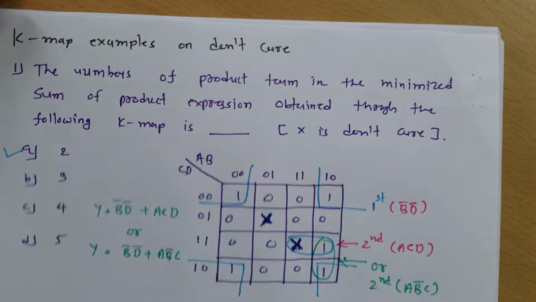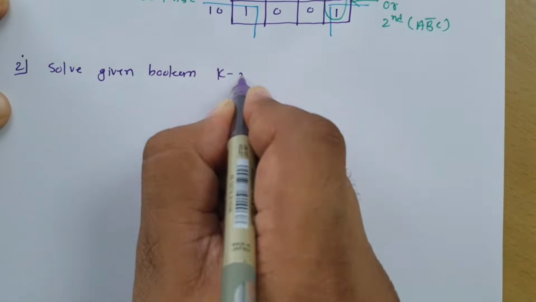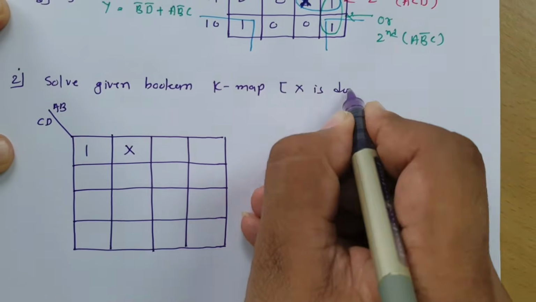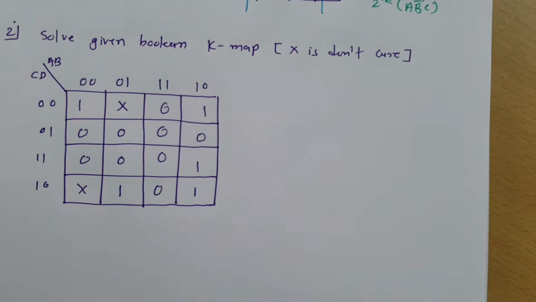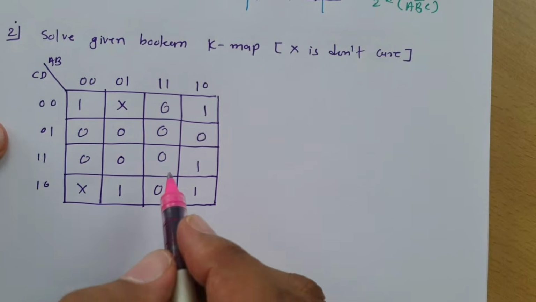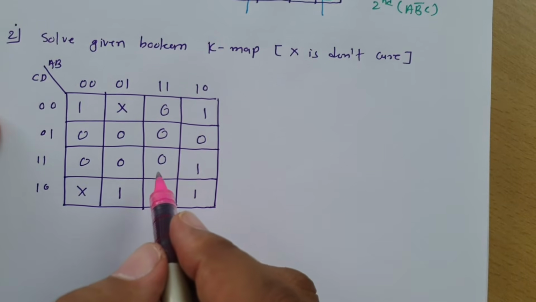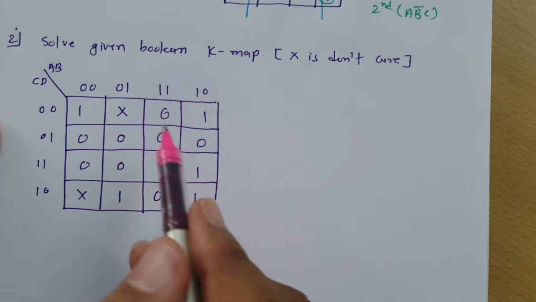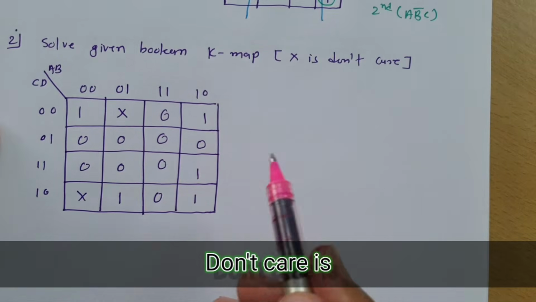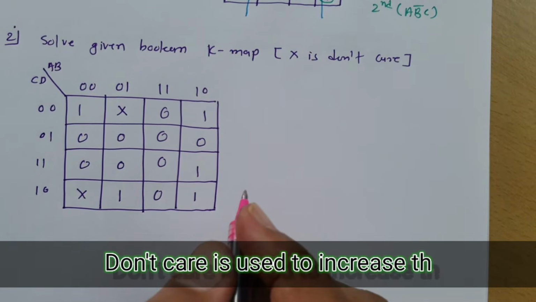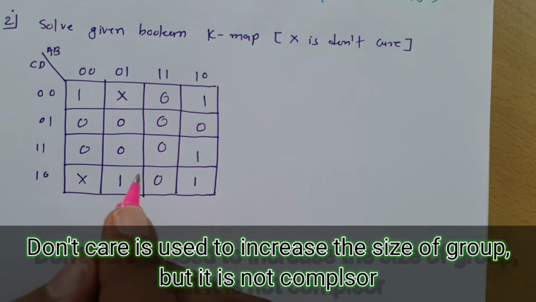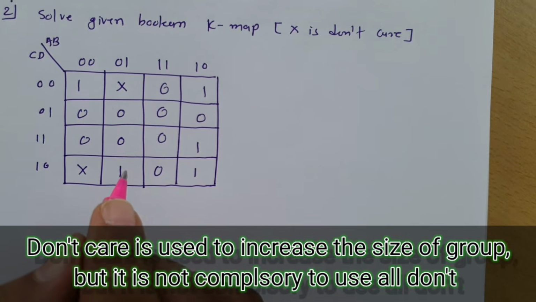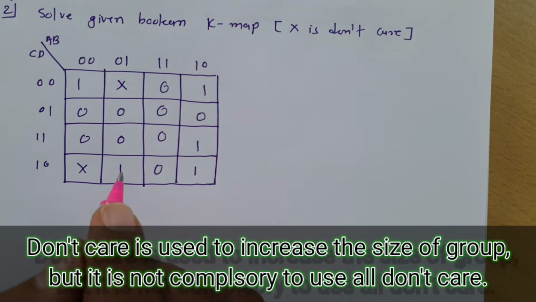Now let us have the second question. Here you can clearly see we have been given a K-map, and we need to identify the Boolean expression for this K-map, where X is don't care. As I have told you, don't care is utilized to maximize the size of a group, but it is not compulsory to use don't care.